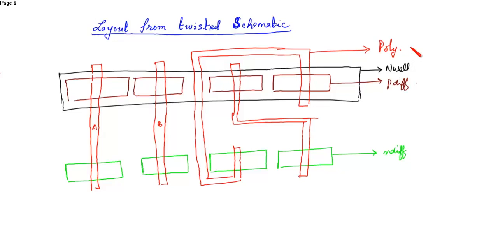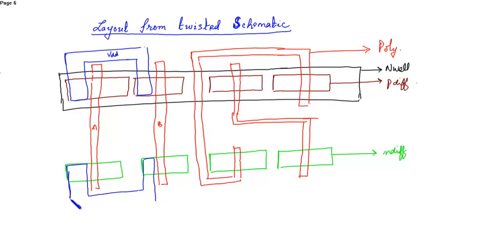Okay, now complete this inverter. The source is connected to VDD, source connected to VDD, then the source of the NMOS is connected to ground.